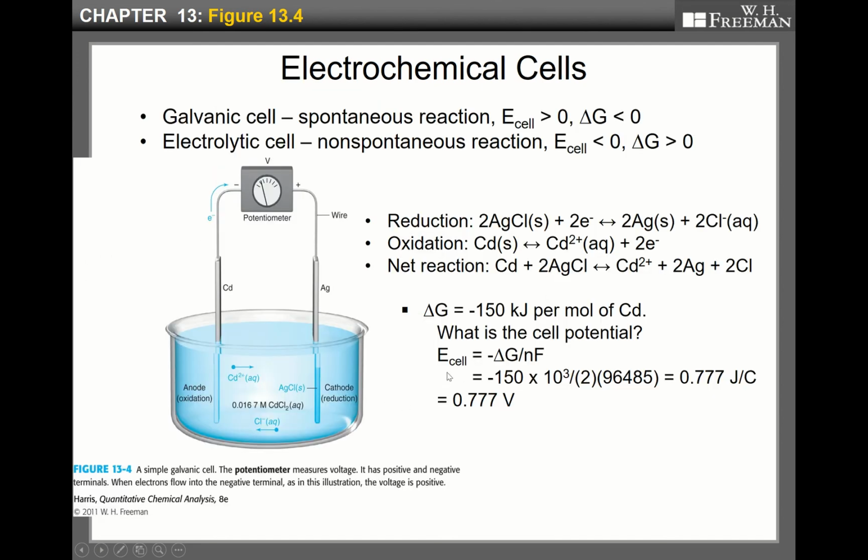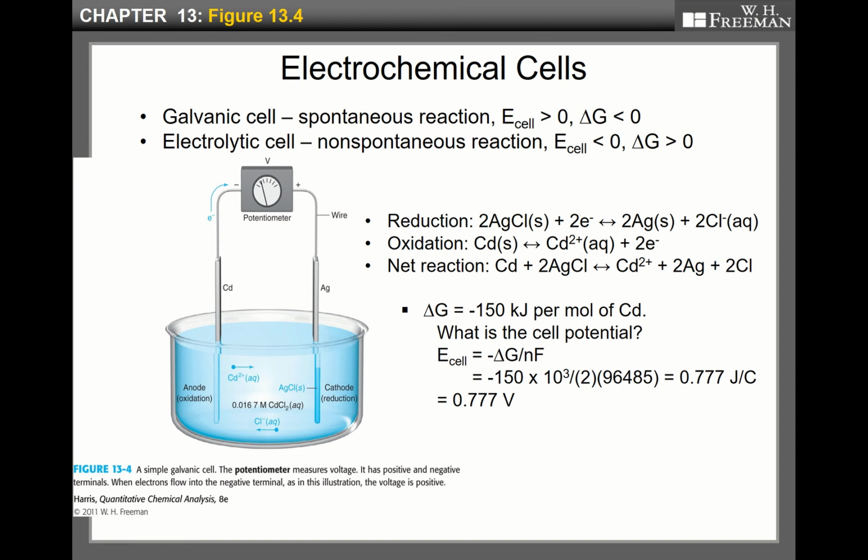Now let's consider electrochemical cells. There are two types of electrochemical cells. One type is the galvanic cell. In a galvanic cell, a spontaneous reaction takes place. Spontaneously, the electrochemical reactions take place when we make a closed circuit.